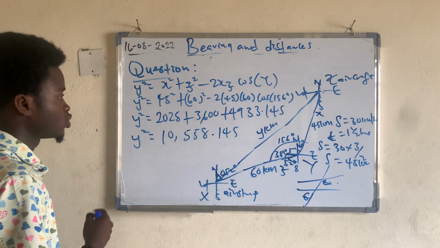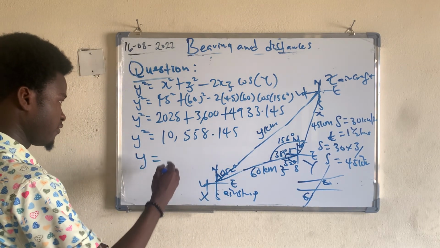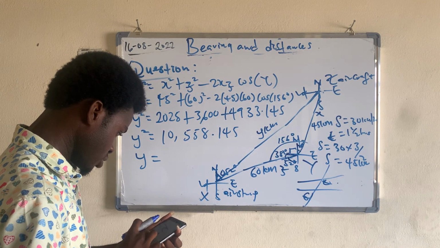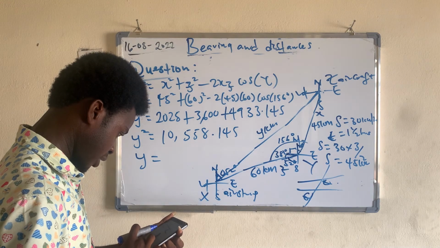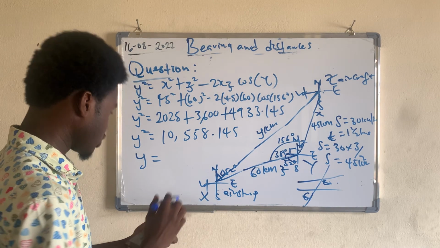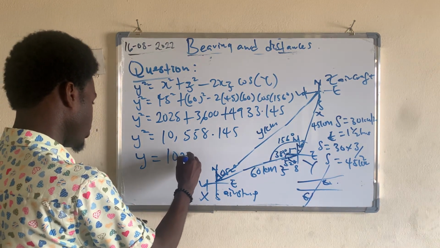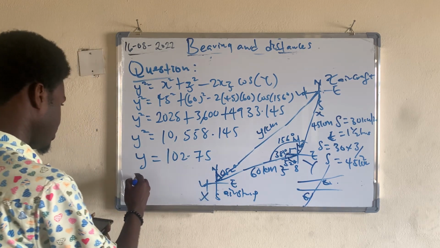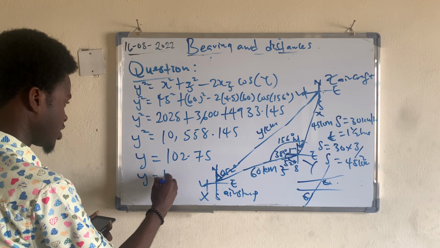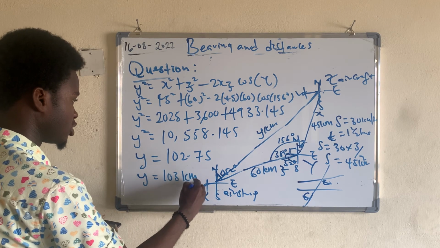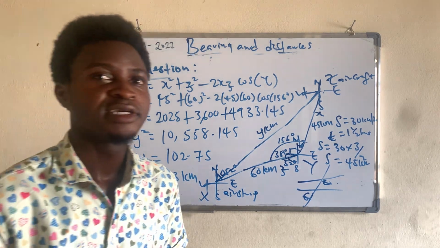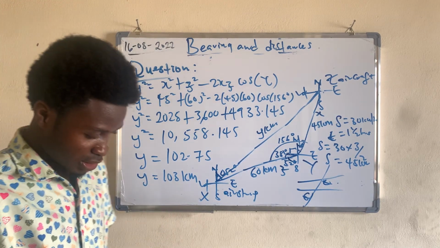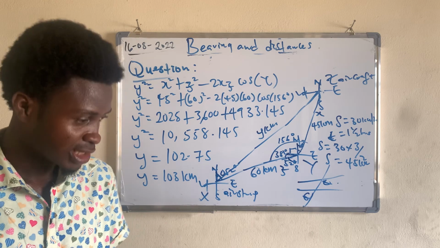So we take the square root of both sides to have the square root of our answer gives us 102.75, and we have that to be y equal to 103 kilometer. So the distance covered is 103 kilometer. We've been able to get the distance.